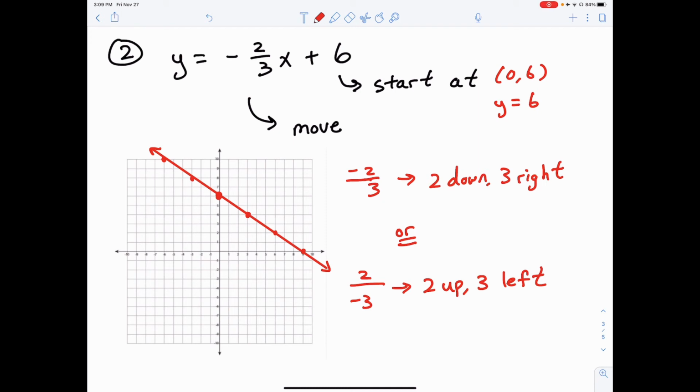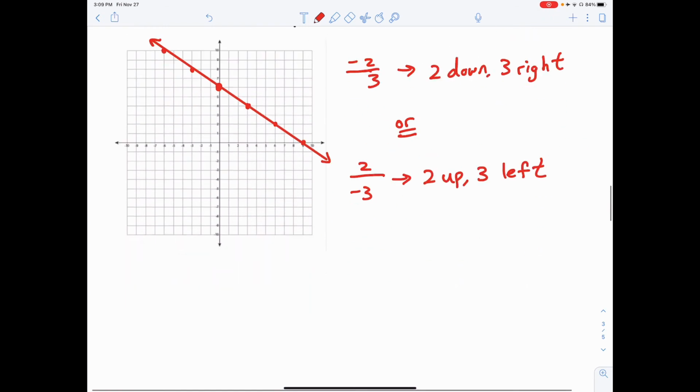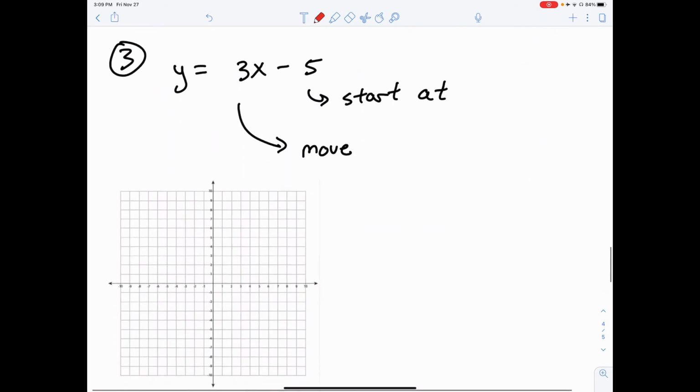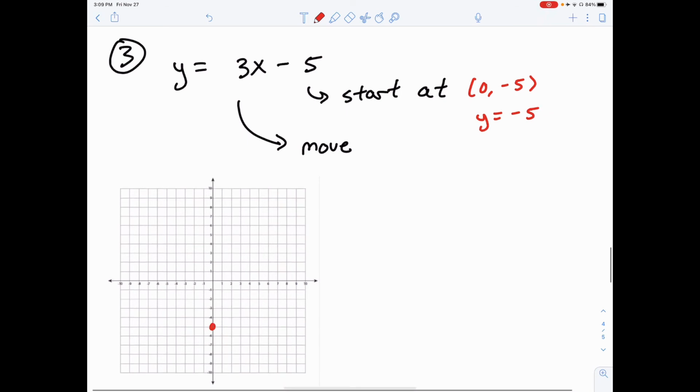And for our last example, Example 3 here says, what if we have y = 3x - 5? Well, again, the starting point here, we know it's going to be at (0, -5), or y = -5. So be careful about the negative version. Negative 5 will be over here. Our slope here is 3.